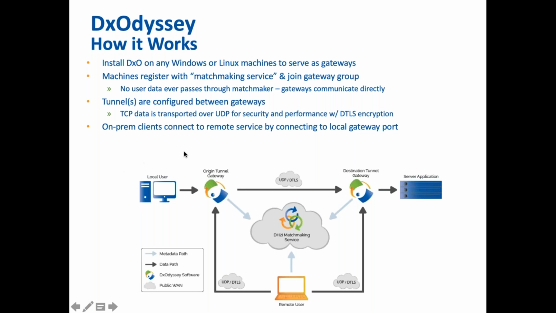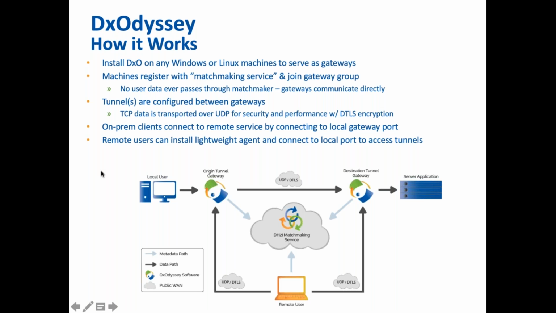They never actually leave their local network on the origin site, and the local user doesn't have to have any special software installed. They would just simply connect to that origin gateway on some local port, and in turn gain access to that destination. So that's for our on-premises local user.